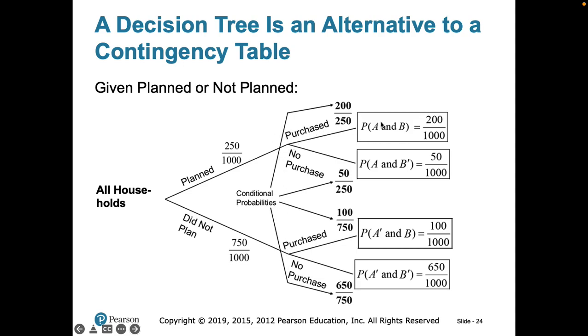So purchase, that's the probability of A and B. Did not purchase, right? That's the probability of A and the B who did not purchase. And then you have the ones that did not plan to purchase but end up purchasing, and the ones that did not plan to purchase and end up not purchasing. So you can use this decision tree to calculate your probabilities too.